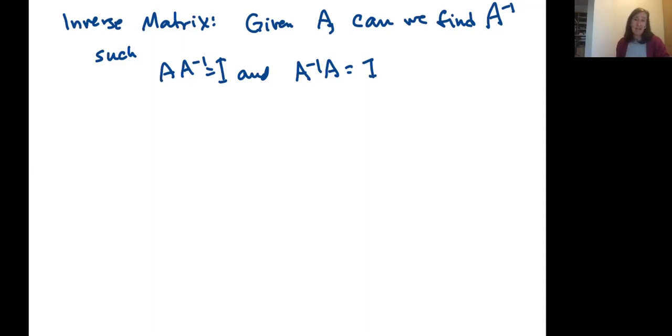And I've never found a way to draw any meaningful lessons from it. It's something that computers do well, humans do poorly. So we're not going to focus on the process of finding an inverse except for a very small matrix, as I said, but I do want to talk to you about some properties and rules of inverses. Okay, so that's where we're going to go.